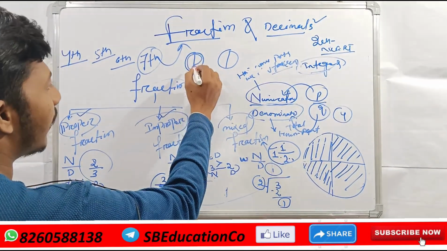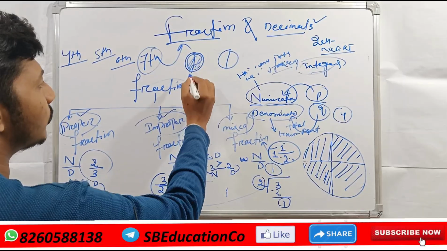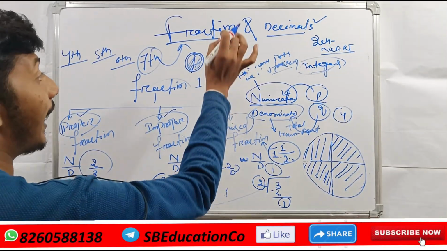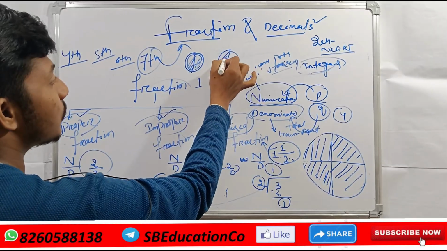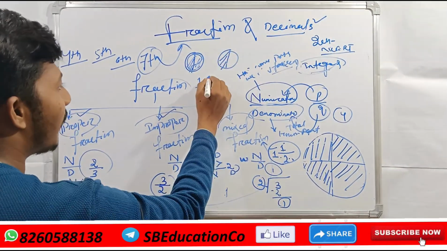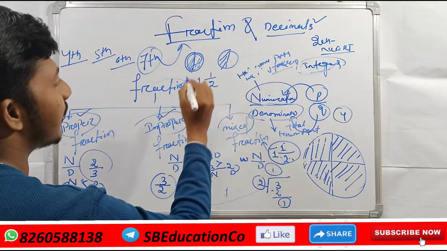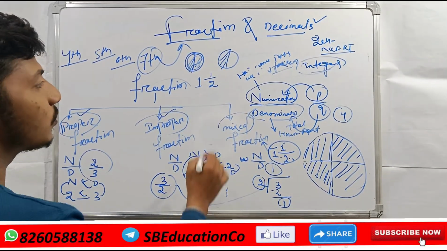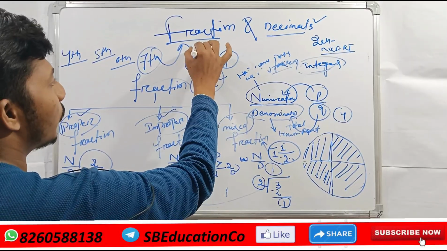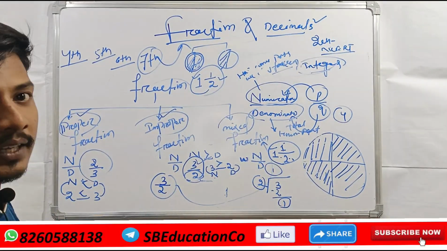From one whole we take both parts, and from the other we take only one part. For that one part we write 1 by 2. So this is 1 whole 1 by 2, and that is your mixed fraction.